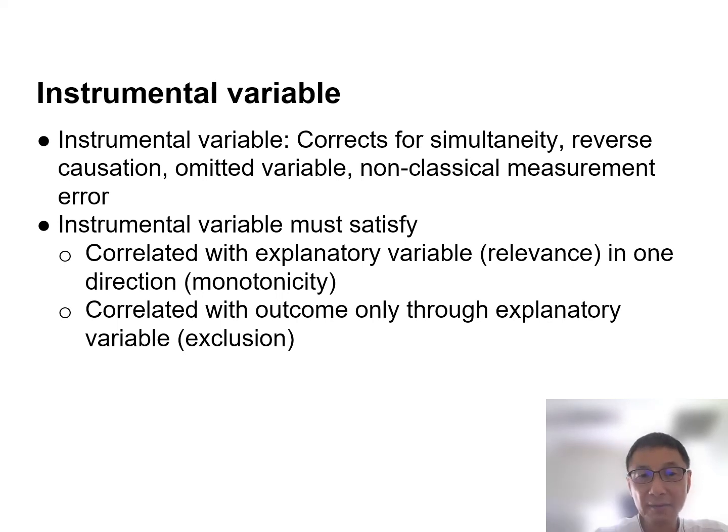It cannot be up and then down, or down and then up. The third condition is that the instrument must be correlated with the outcome only through the explanatory variable. This is called the exclusion condition. There cannot be a direct link from the instrument to the outcome. Now I'll explain these in the context of a concrete example next.